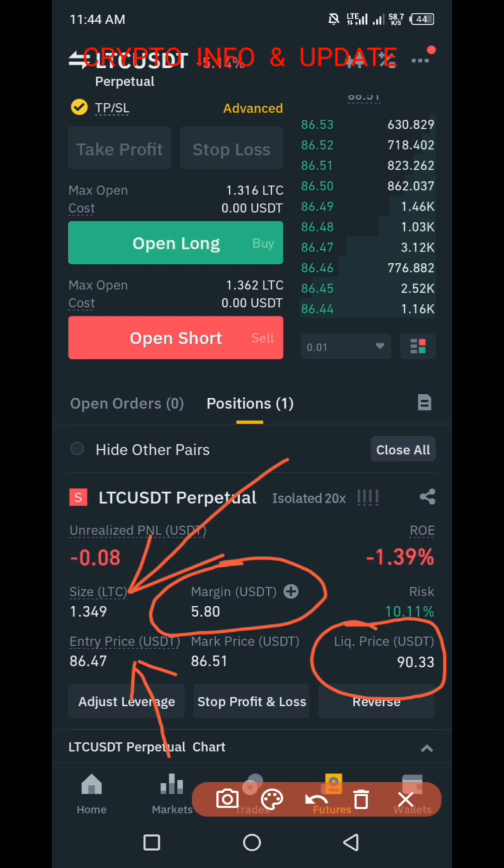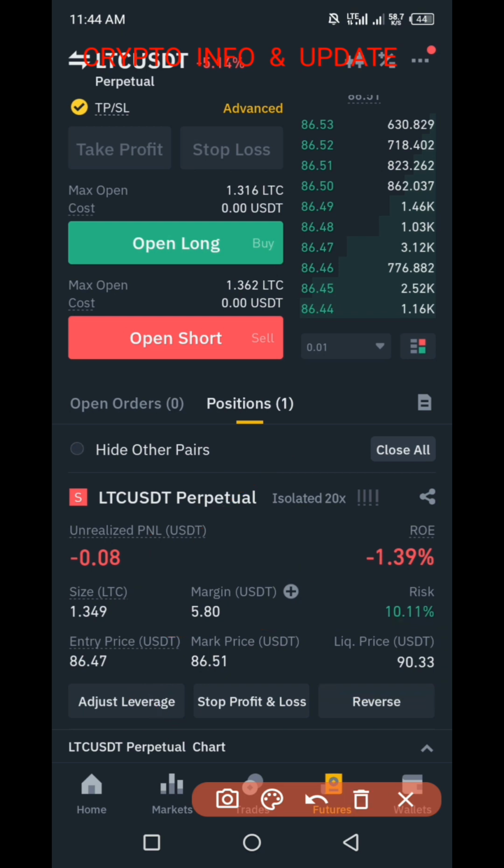Now, you may ask, the entry price for the second entry was 86.53. How come you are seeing something like 86.47 instead of the real second entry price, which is 86.53?